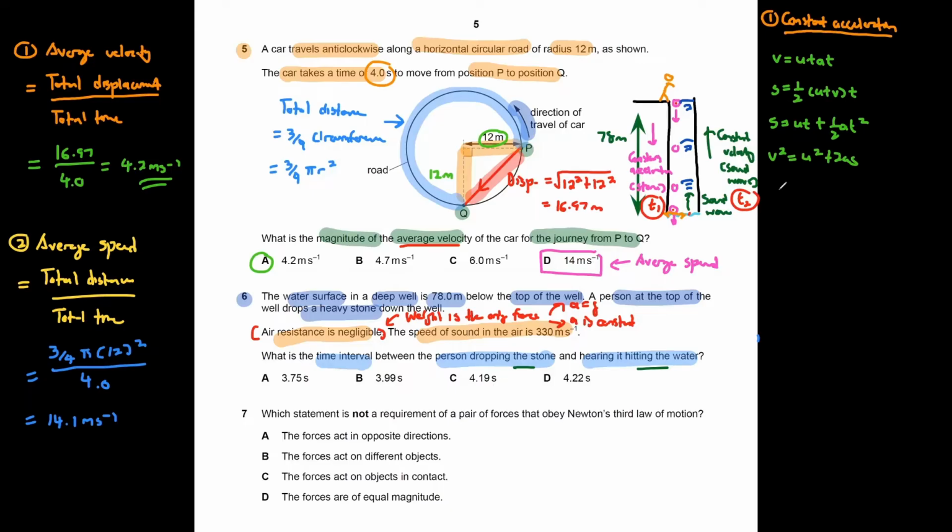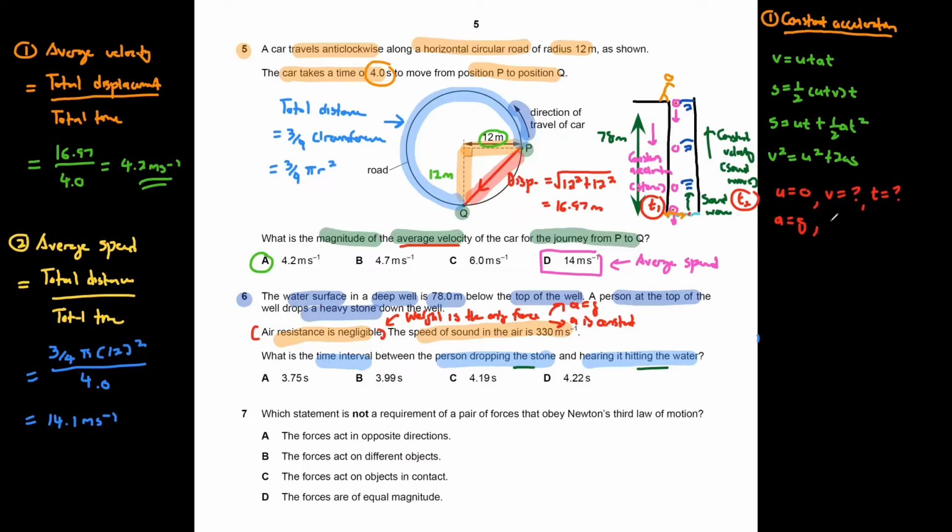We can assume that our initial velocity is 0 because it was released from rest. The final velocity on hitting the water surface is not known for us. The time taken is also not known for us. The acceleration is equals to gravitational acceleration because the only force acting here is just the weight.